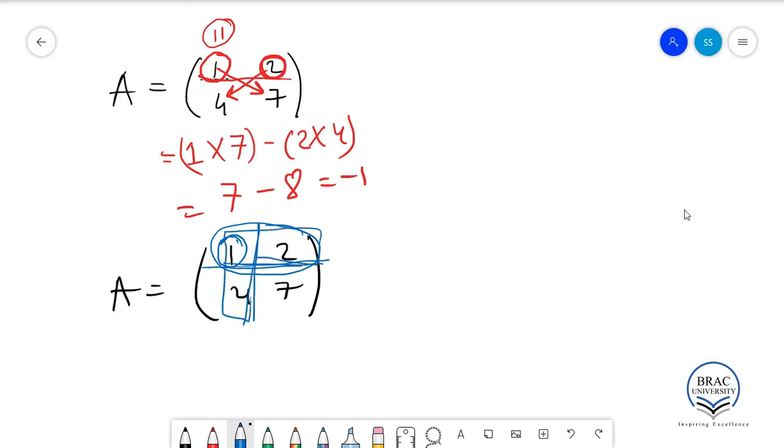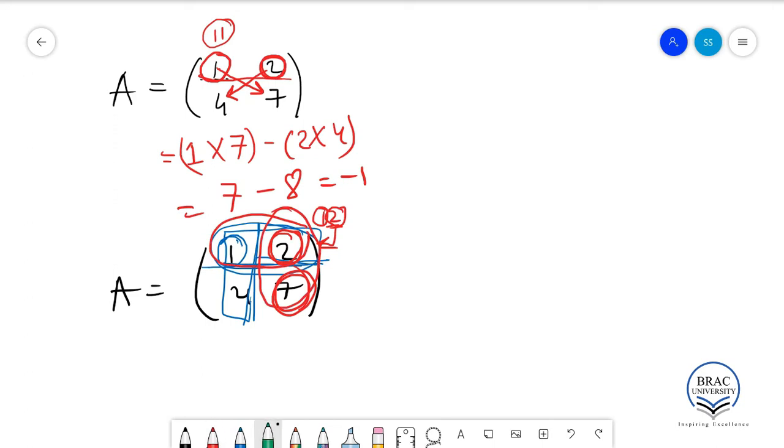The only thing that remains is 7. Similarly, when you work with 2, that is the 1 2 element, you forget about the first row and the second column.